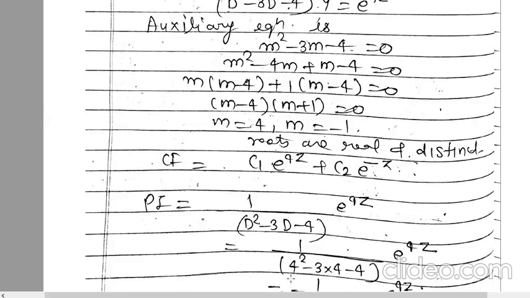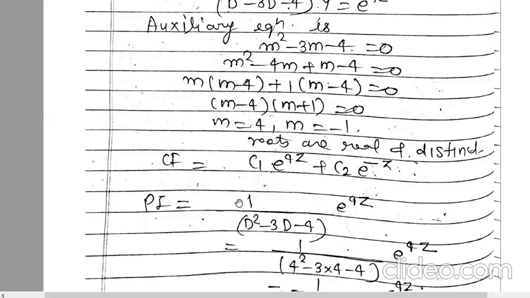Why are we writing z here? Because you have converted x into a new variable z. So you will write z in place of x. We follow the same process, but the variable is changed here. CF is equal to C1 e to the power 4z plus C2 e to the power minus z.